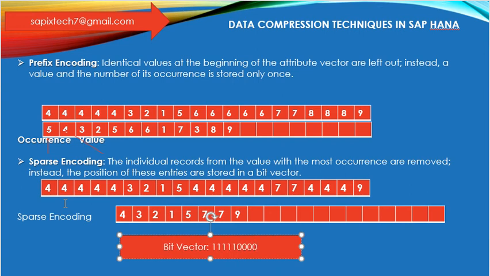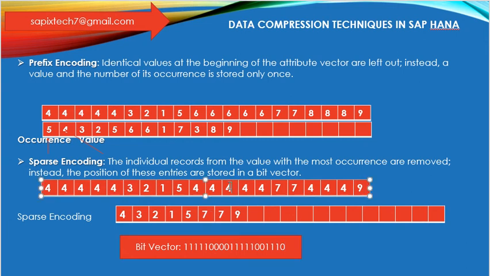Again 4, 4. So it will store 1, 2, 3, 4, 5. For 7, 7, it will store 0, 0. For again 4, 1, 2, 3. For 9, it will store 0. Now, comparing the definition with the example: the individual records from the value with the most occurrence are removed. The most occurrence was 4, you can see 4 everywhere.